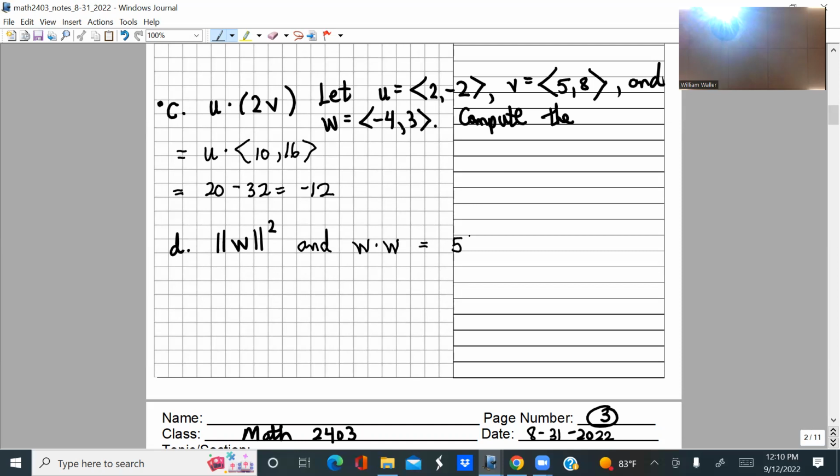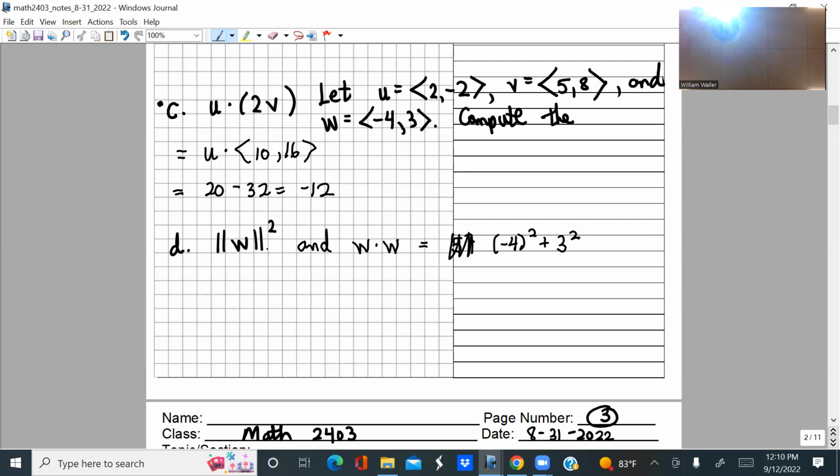So w dot w would be minus 4 times minus 4, better known as minus 4 squared, and then 3 times 3, better known as 3 squared. So when you dot a vector with itself, you're just squaring the components, but notice you don't take the square root here. You just take the sum of the squares of the components.